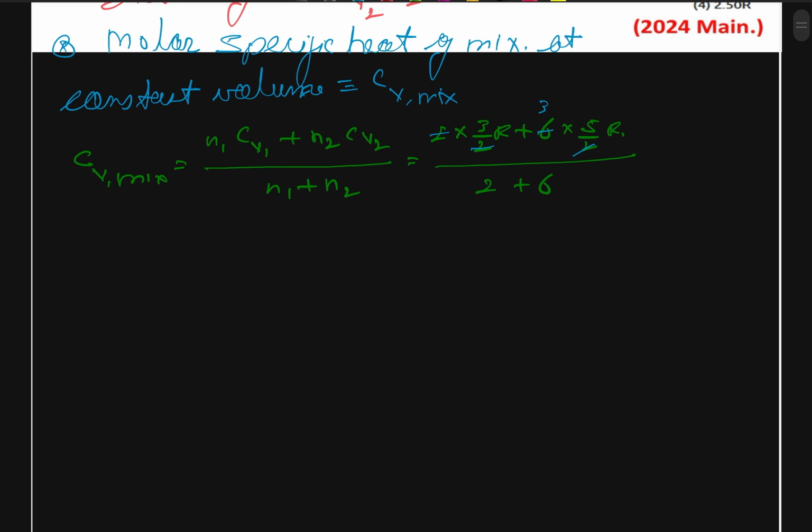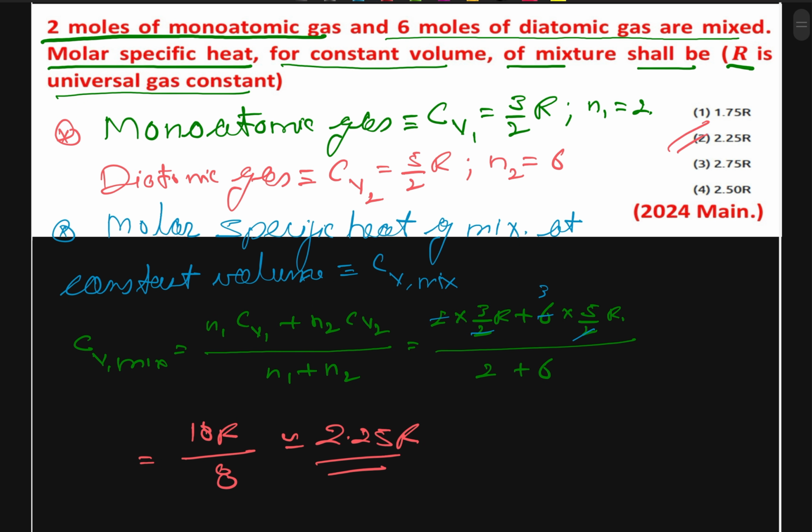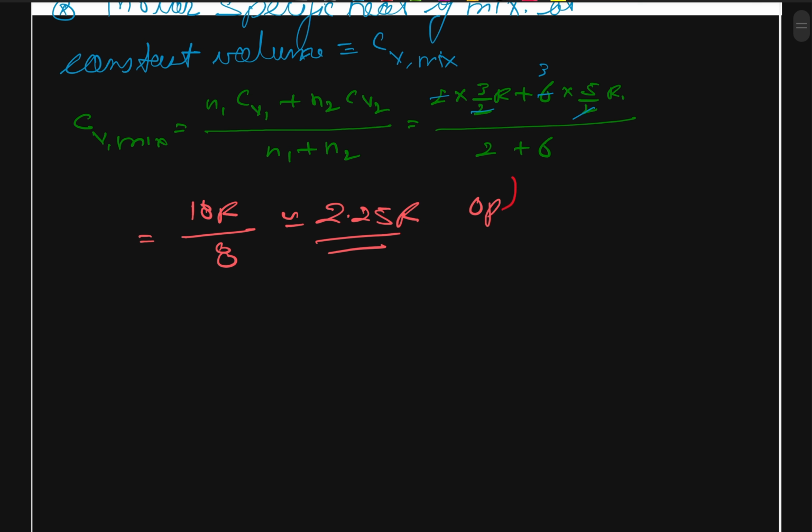Therefore, in the denominator we are going to get 8, and in the numerator it will be 3R plus 15R, which will be giving us 18R. Therefore, this can be approximately written as 2.25 times R. So we have option number 2 is correct.